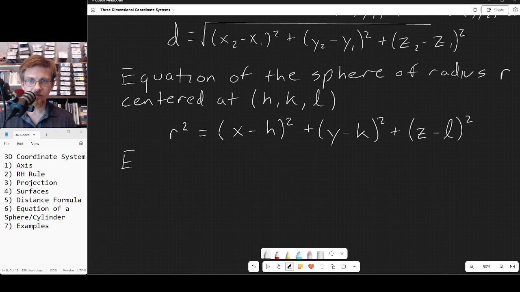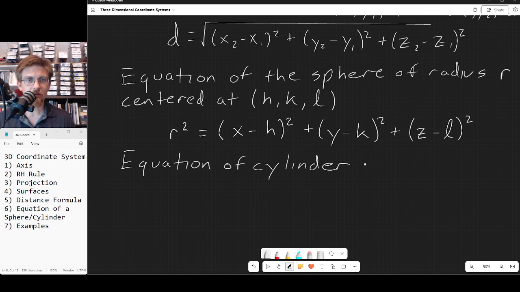And the equation of a cylinder, we've seen it already. So, equation of a cylinder, we're going to talk about, and we've got to be able to make a circle, and then we could limit it if we needed to.